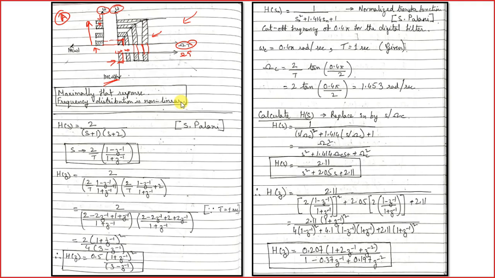So designing of filters where you have to place the poles in the higher frequency region would become a bit difficult process. Okay. And as I was telling, we usually get maximally flat transform in the bilinear transform method. However, the frequency distribution becomes non-linear in nature.